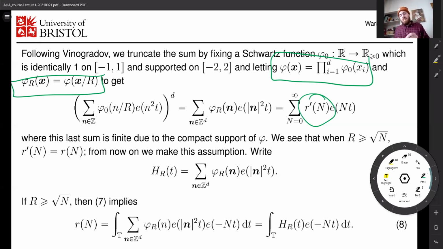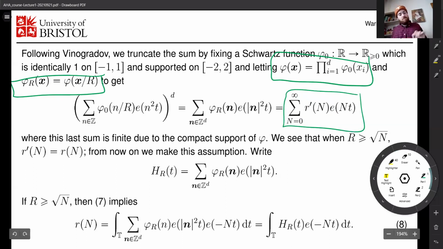And therefore this sum overall is finite, which is great for us because any trigonometric polynomial is also smooth, right?